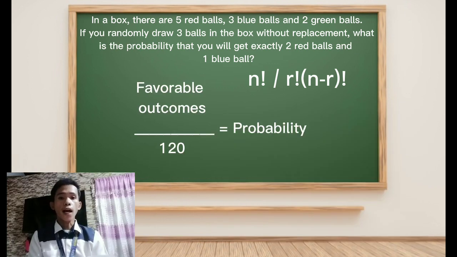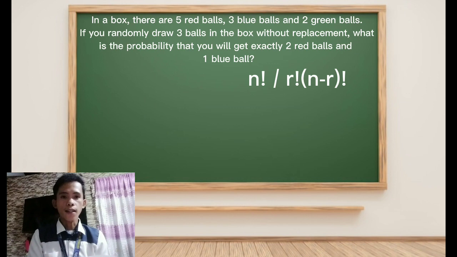Para makuha natin ang ating favorable outcomes, kailangan nating bumalik sa ating problem. What is being asked? To get exactly 2 red balls from a box and 1 blue ball in a box. So we choose 2 red balls out of 5 red balls, and choose 1 blue ball out of 3 blue balls. So we can calculate also a combination as well.